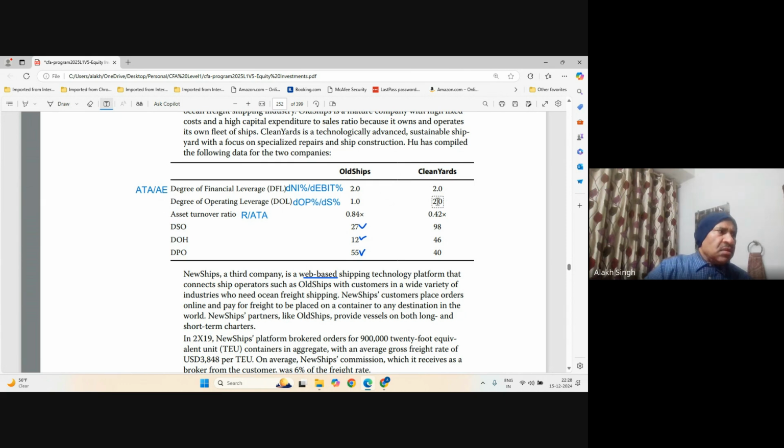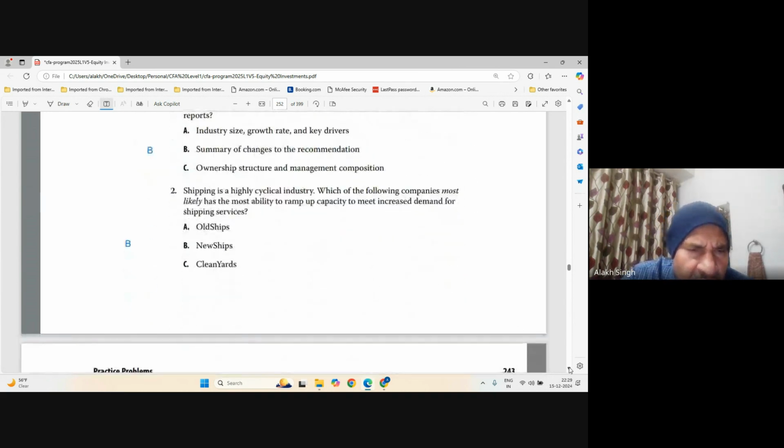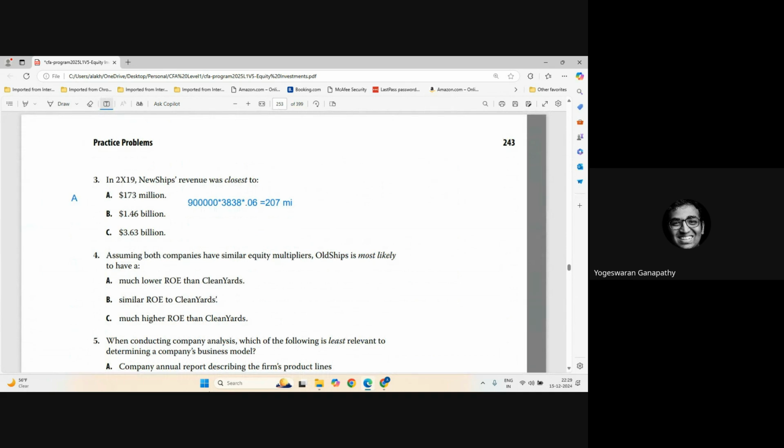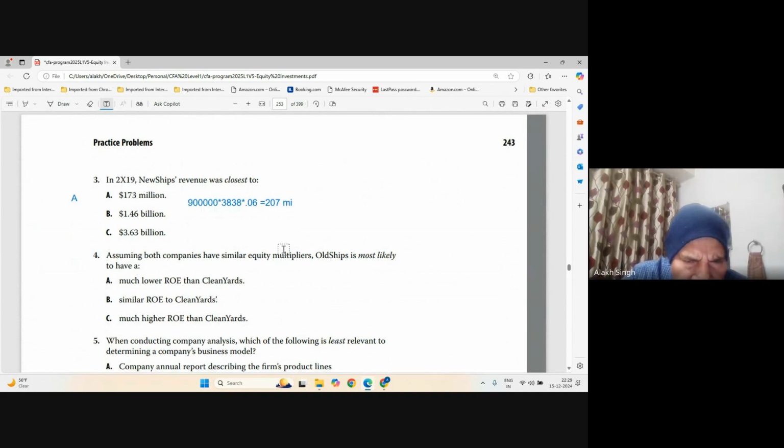Operating leverage, what is that? Percentage change in operating profit divided by sales. So this one is better actually. The higher is better. Assuming both companies have a similar equity multiplier, old ship is most likely to have a much lower or higher ROE?